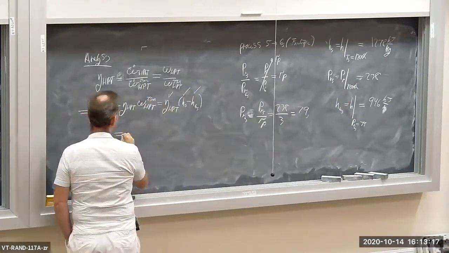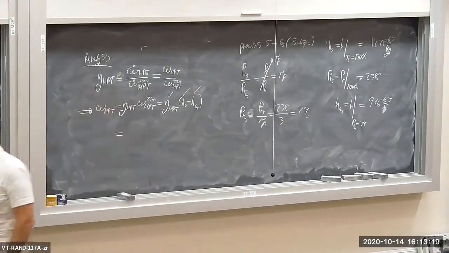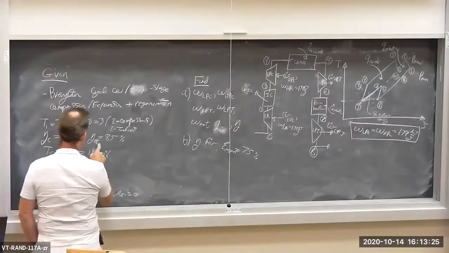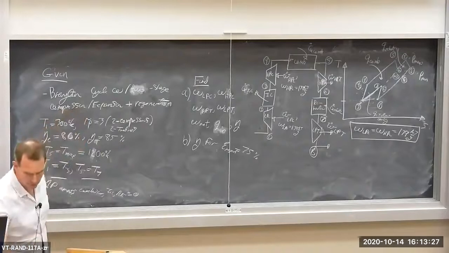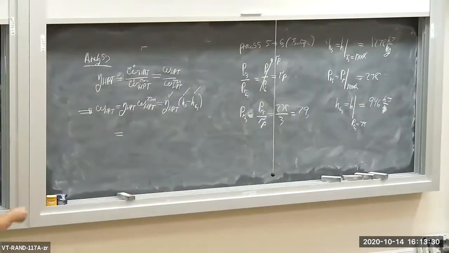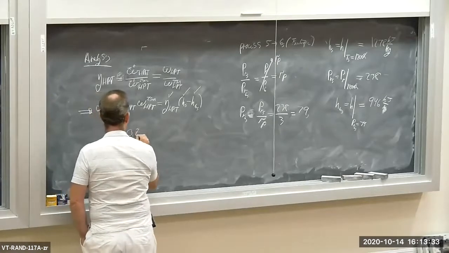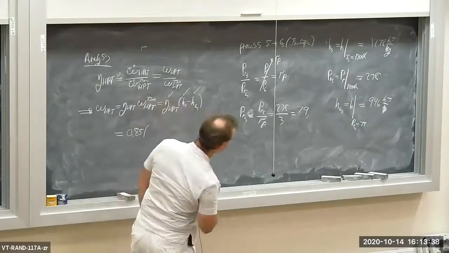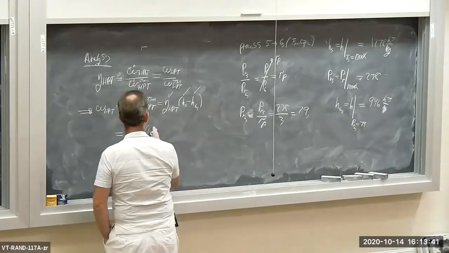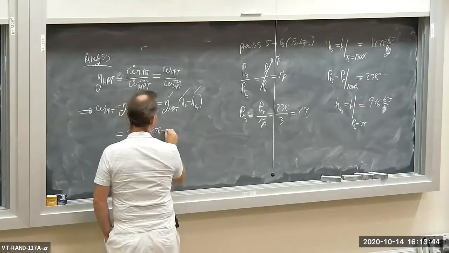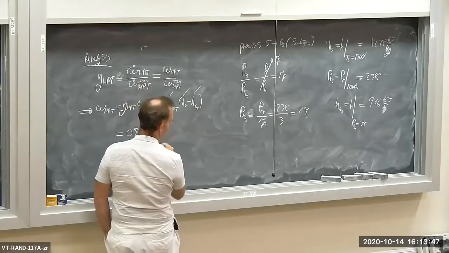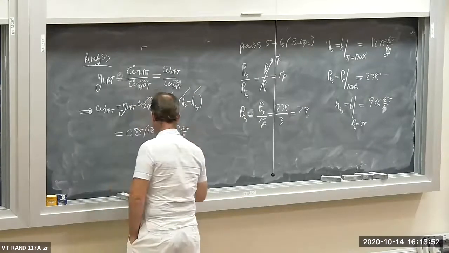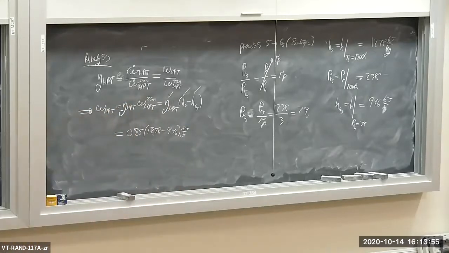What's the efficiency of my turbine? Isentropic efficiency of each and every turbine is 85%, so 0.85. H5 is 1278 minus H6 sub s, 946 kilojoules per kilogram. Let's see what I get.